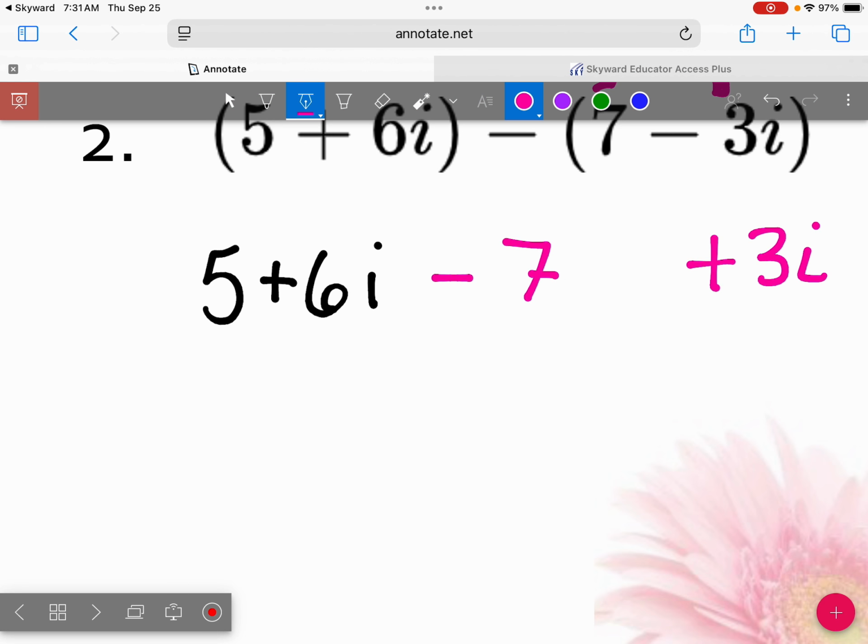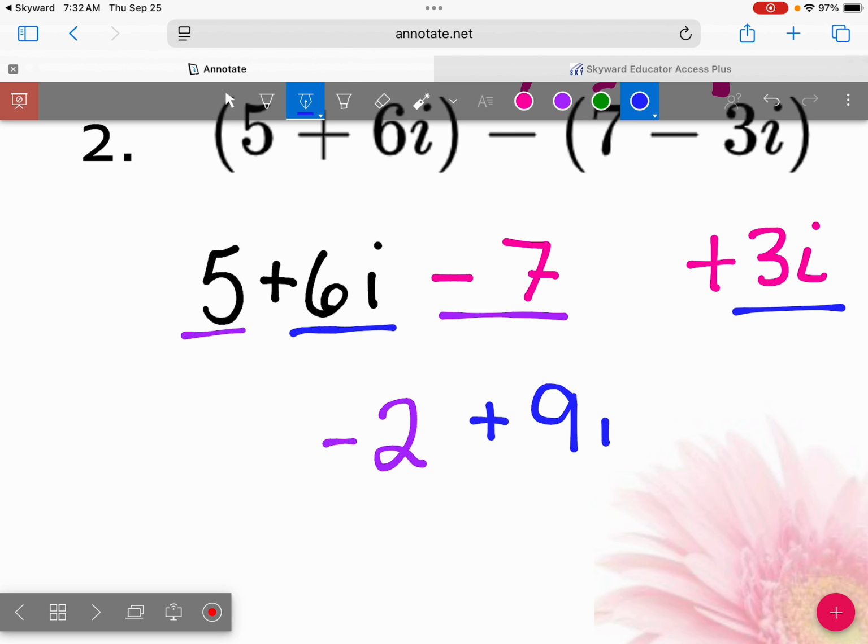So when we combine like terms here, what are we going to get? Beautiful. Negative 2, that's coming from my 5 and my minus 7. 6i plus 3i gives us plus 9i.